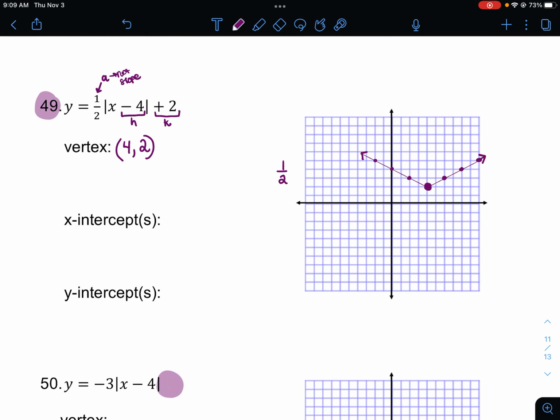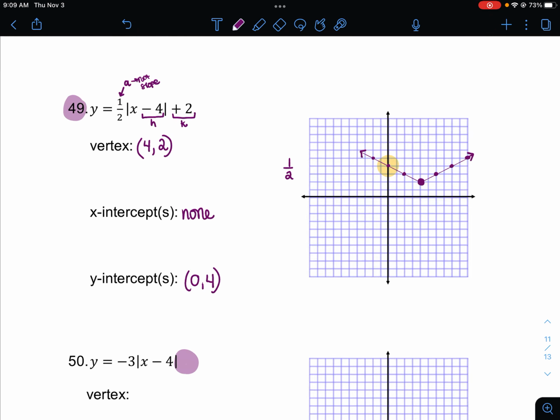All right, this V does not cross through the x-axis, so there are no x-intercepts. And then for your y-intercept, you can see where that crosses the y-axis. Looks like it's at 0, positive 4.